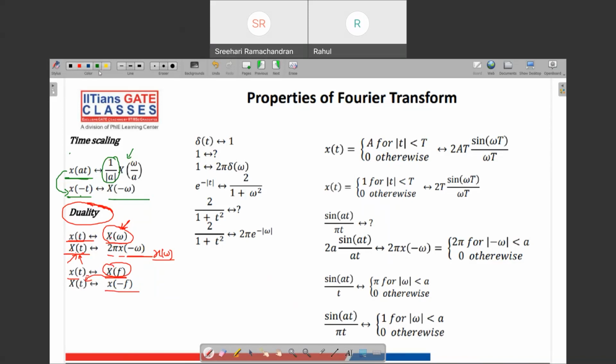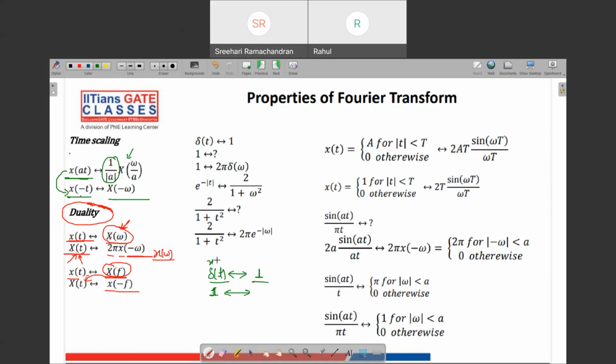We have calculated the Laplace transform of delta t, which is equal to 1. Now let's say we want to calculate the Fourier transform of 1. The Fourier transform of delta t is equal to 1, and I want to calculate the Fourier transform of 1.